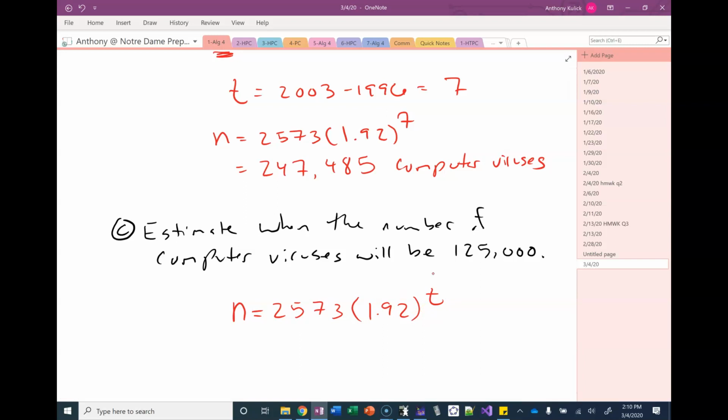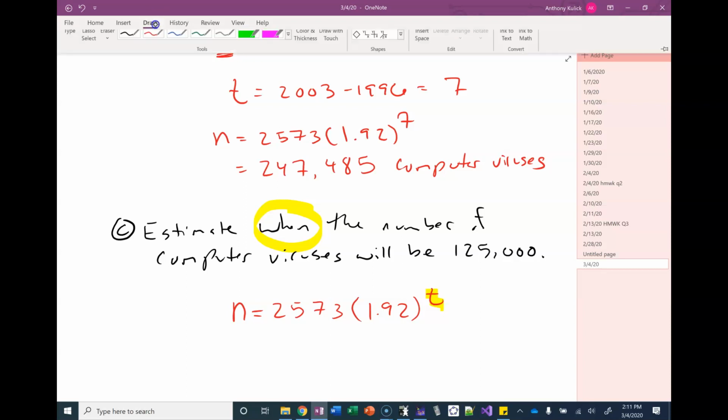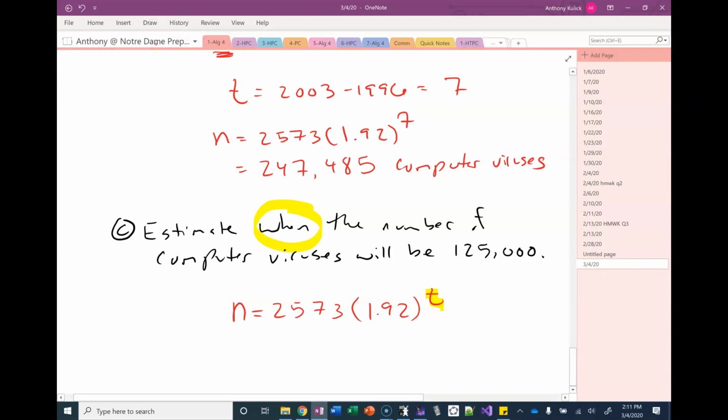What part of the exponential model are we looking for here? T. Why T? It's asking a when question. That's a time question, right? Everybody agree with that? So we have to be a little bit careful in our reading on these.